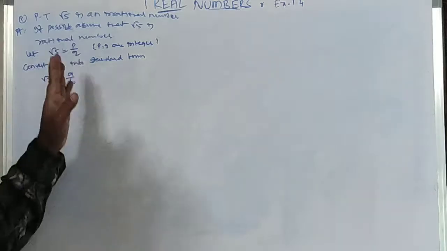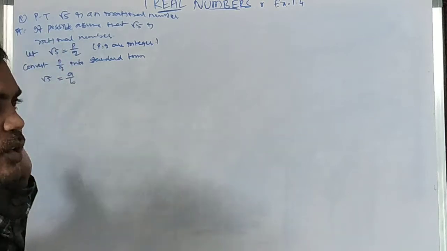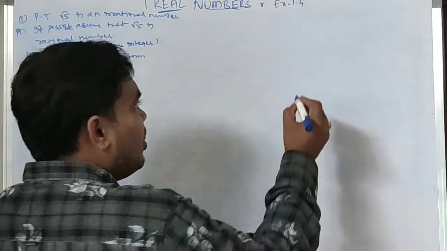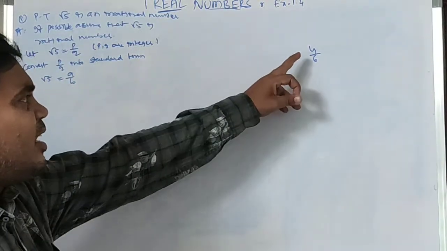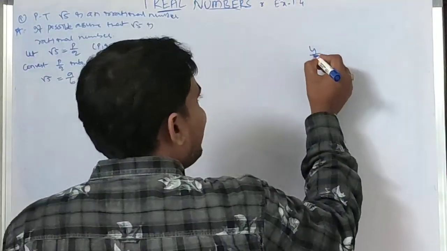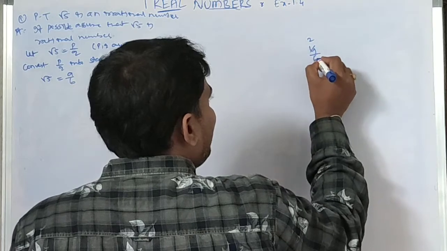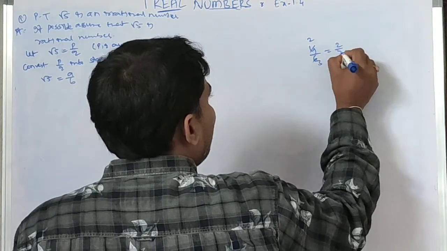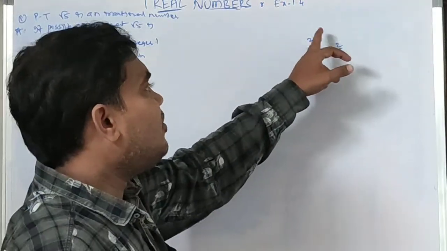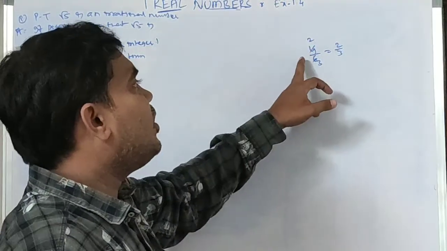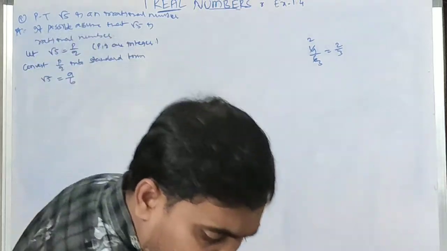After cancelling the common factors, p by q is transformed to a by b. For example, 4 by 6 is not in standard form. I divide and cancel with 2: 2 into 2, 2 into 3, so 4 by 6 is equal to 2 by 3, which is the standard form.